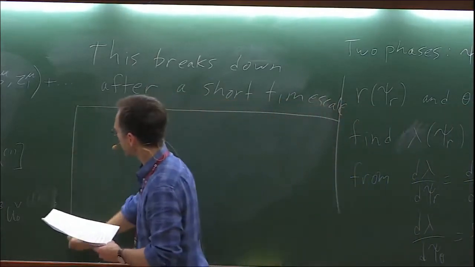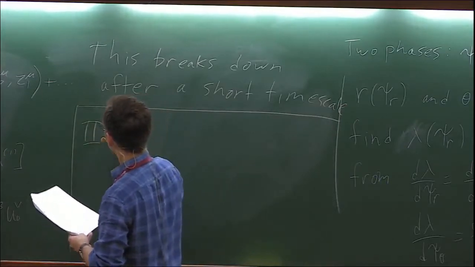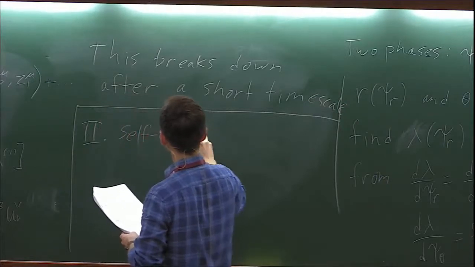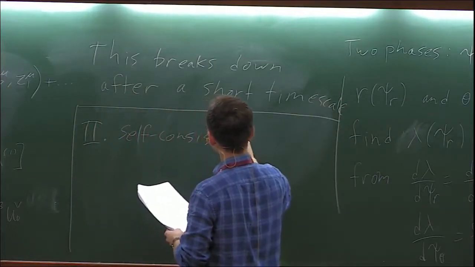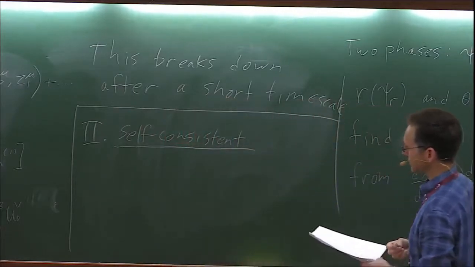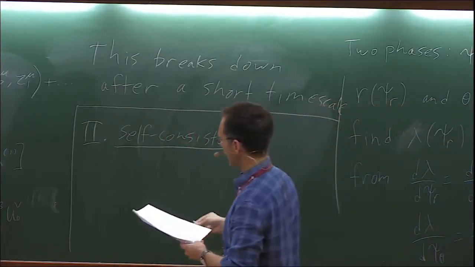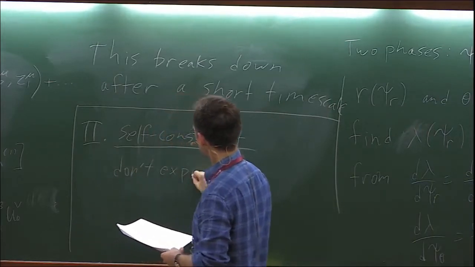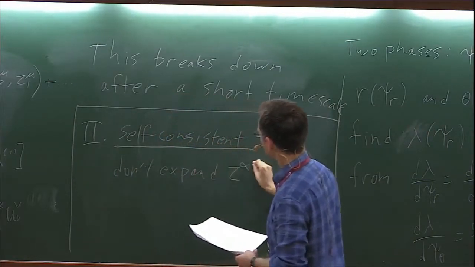Okay, another method is called the self-consistent approach. And here the basic idea is you just don't expand Z alpha.